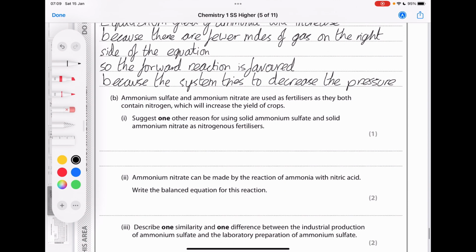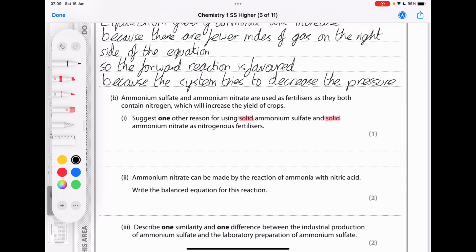Question B. Ammonium sulfate and ammonium nitrate are both used as fertilisers, as they both contain nitrogen. One other reason for using solid ammonium sulfate and solid ammonium nitrate as nitrogenous fertilisers.